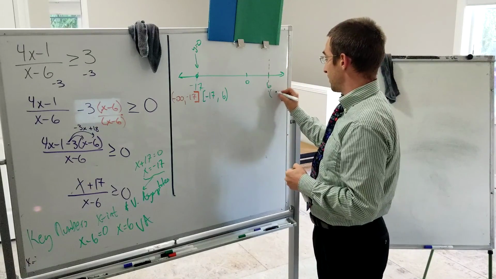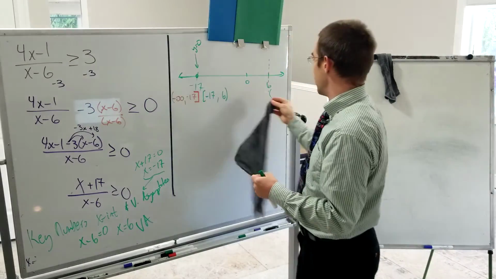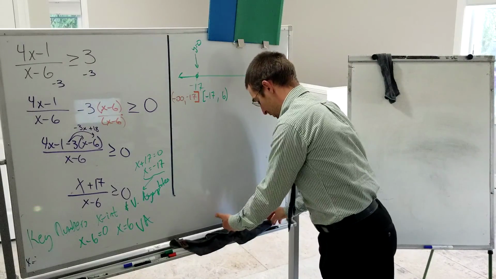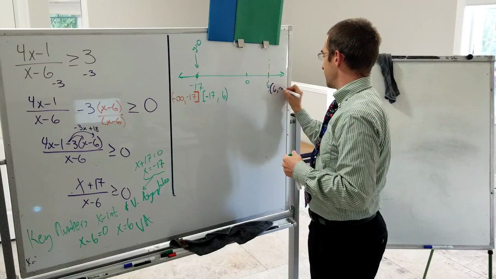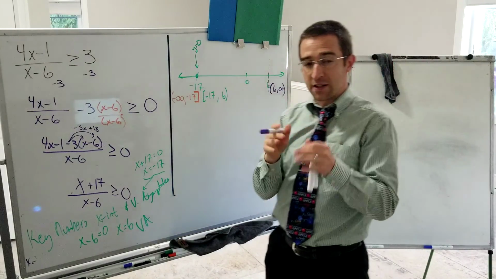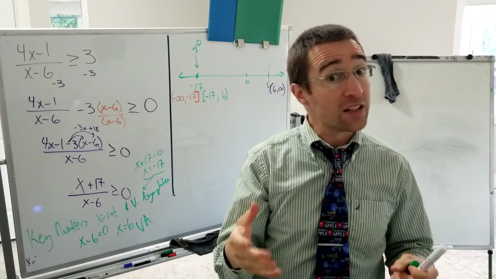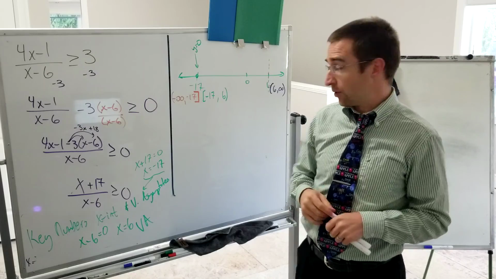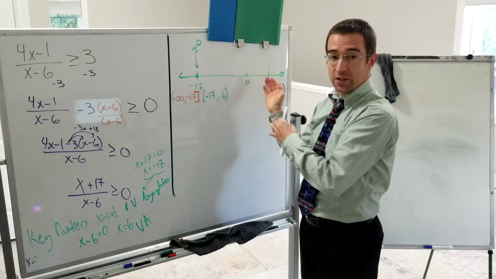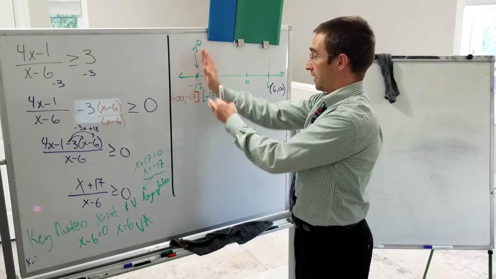And then here once again, let me do a different color, parenthesis on the 6, still purple, 6 to infinity. So we've split this number line into 3 intervals again, and we're just going to check positive or negative inside each interval. These are the only places where it can change from positive to negative, here or here.